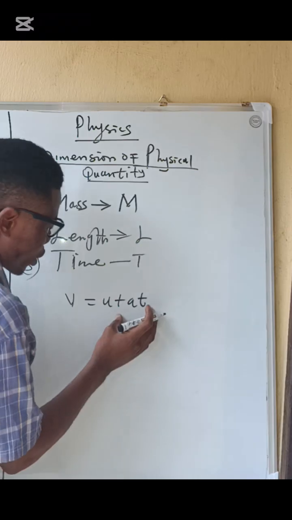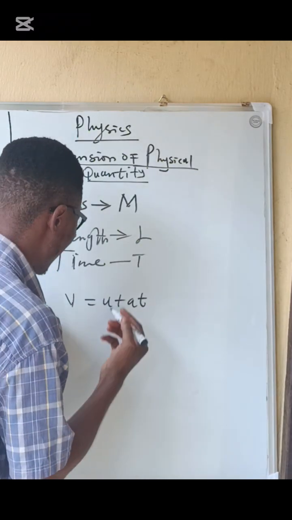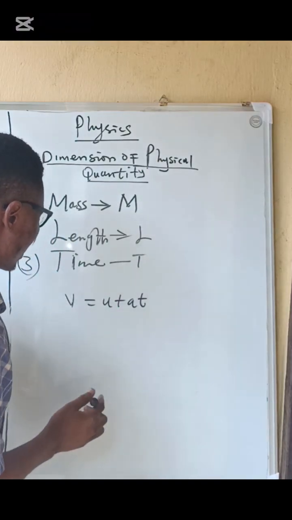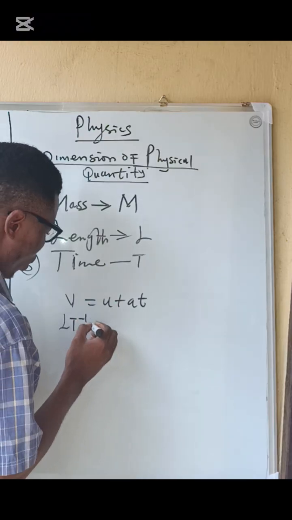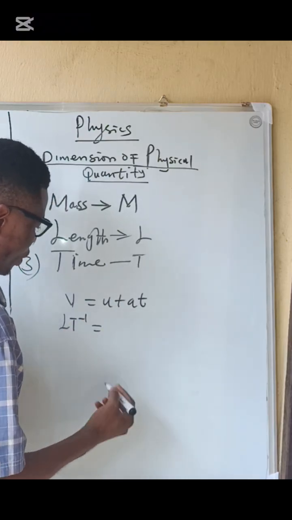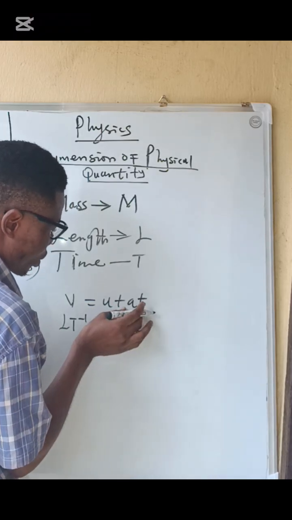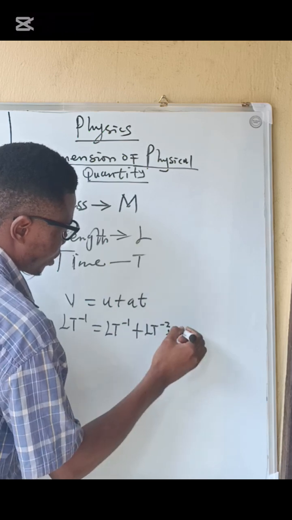For this equation to be correct, it means that the dimension of the left hand side must be equal to the dimension of the right hand side. Velocity is LT minus 1 equals to, this initial velocity is the same thing as velocity, so we have LT minus 1, plus dimension for acceleration, which is LT minus 2, times dimension for time, that is T.